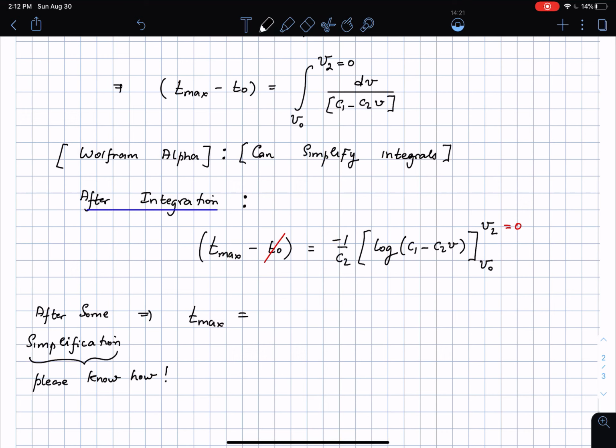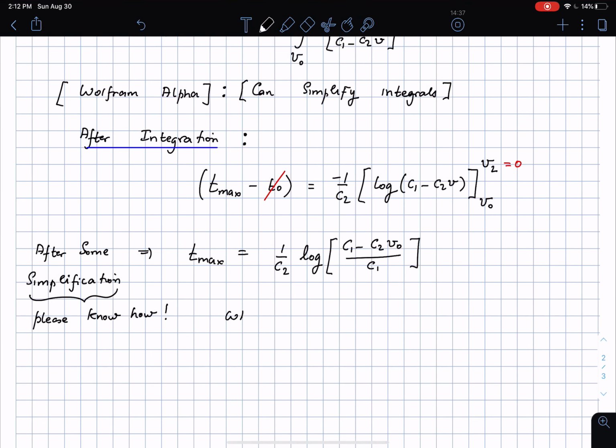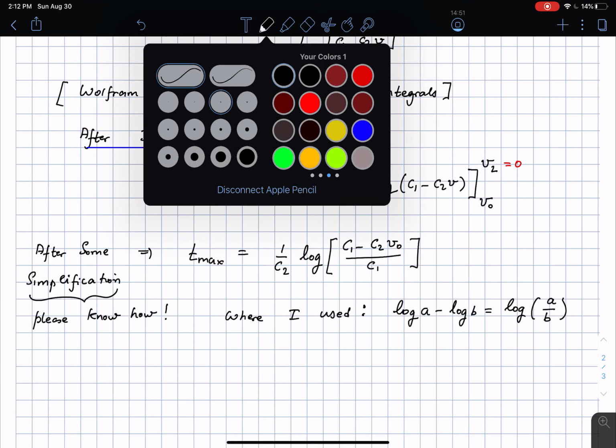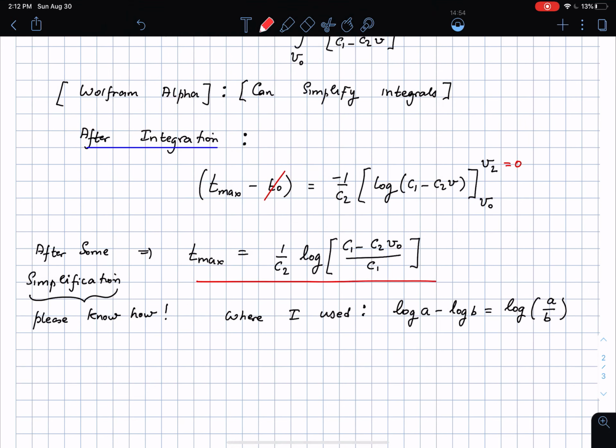So I end up getting 1 by c2 times logarithm of c1 minus c2 v0 divided by c1, where I have used the fact that log a minus log b is equal to log a divided by b. So this is one of the answers that we were expecting from this particular problem.